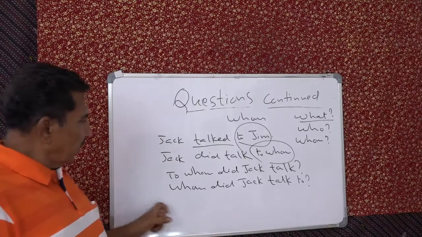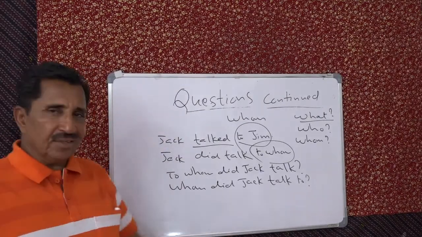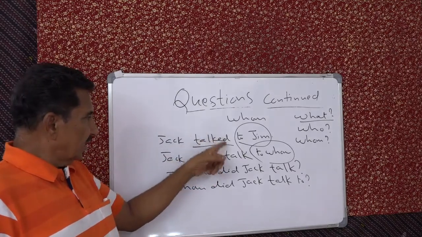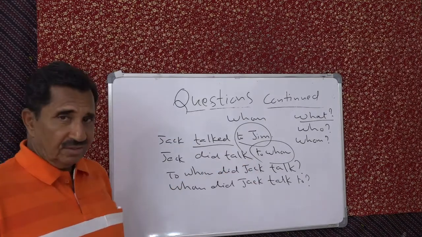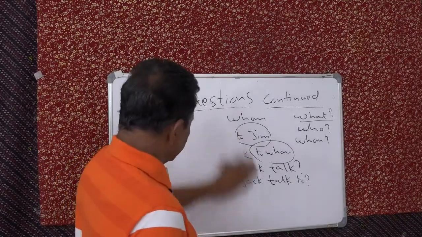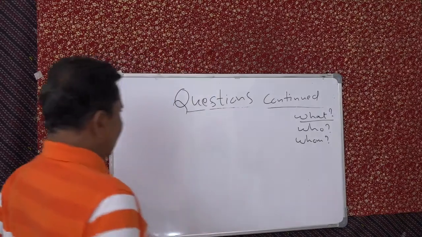Or whom did Jack talk to? Same process. Past tense, this will be do talk, then ed added to do, did talk, not talked. See that? Yes. Let's see one more. I hope you are following me now. Yes? Okay, here it is.